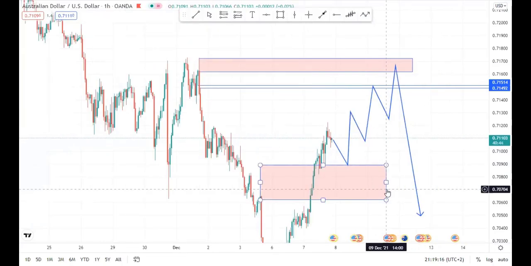So that is imbalance. You remember, these things work hand in glove. So we talked about order blocks, we talked about refining order blocks and everything. Now, what I want you to be thinking about as we go through this course is to be able to integrate these concepts and apply them to a single chart.